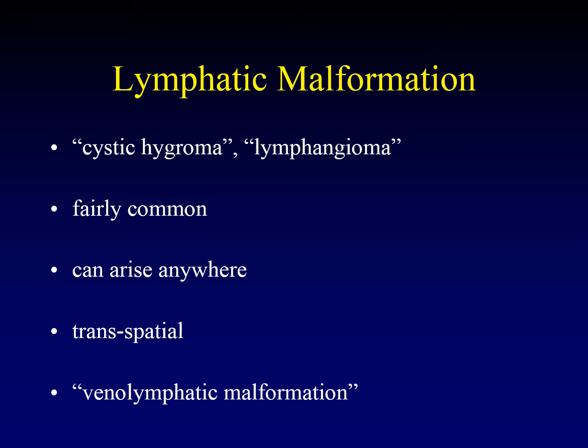They occur on a spectrum from purely lymphatic to purely venous and anything in between. Sometimes you see 50-50 venous and the other half lymphatic. So sometimes it's easier to use the more generic term venolymphatic malformation if you're not sure what percentage is venous and what percentage is lymphatic.